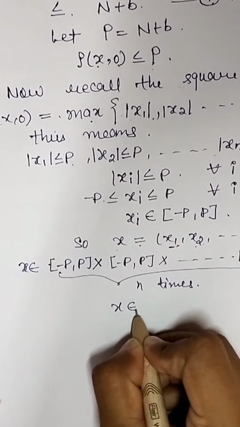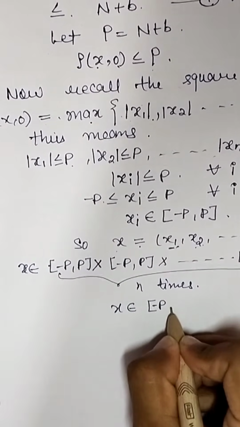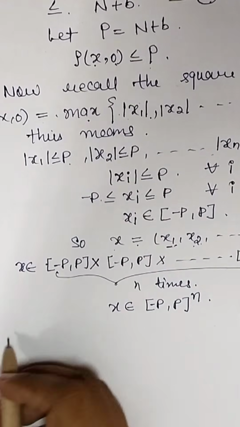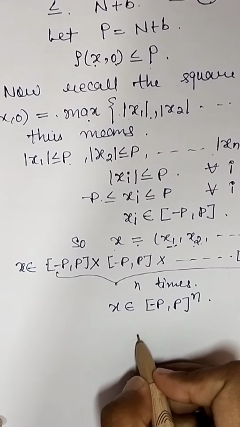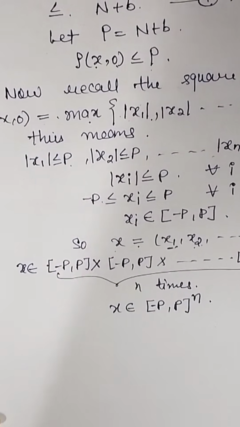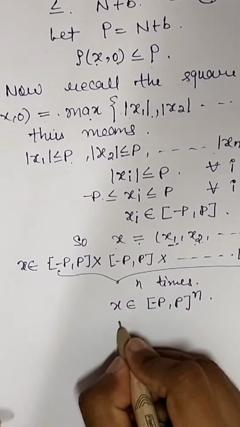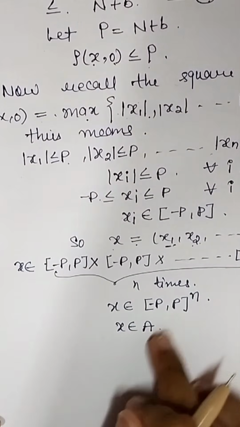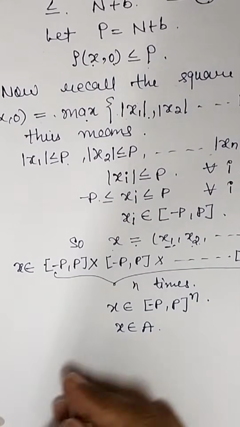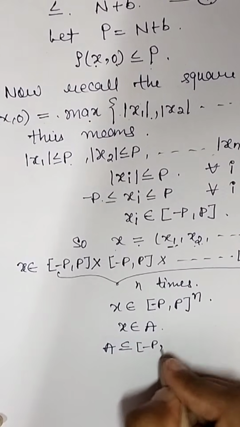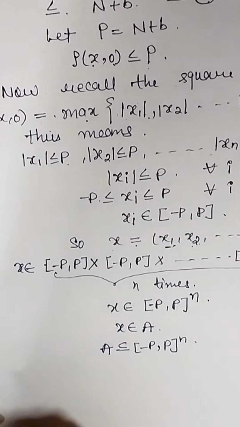So x belongs to the closed interval minus p comma p to the power n, and since x belongs to A, therefore A is a subset of minus p comma p to the power n.